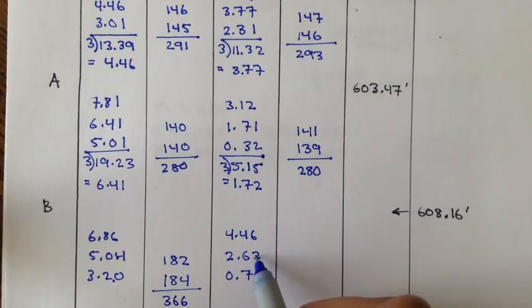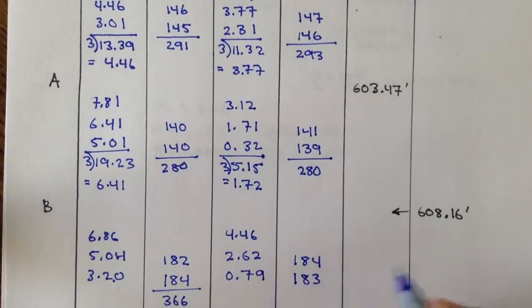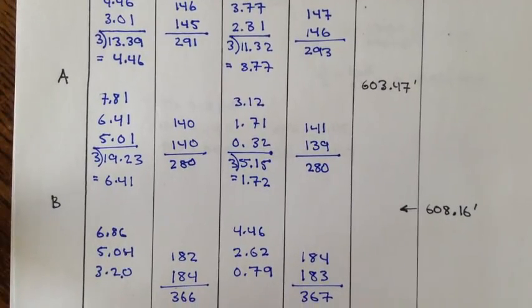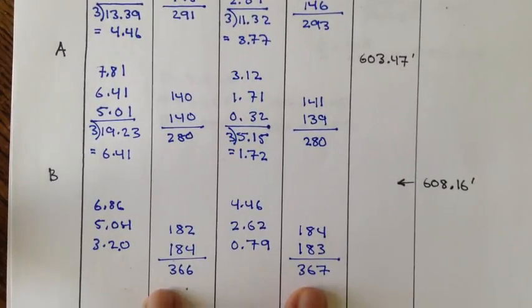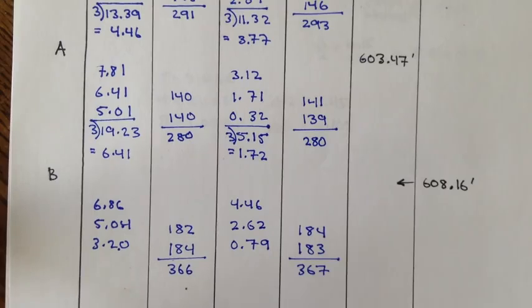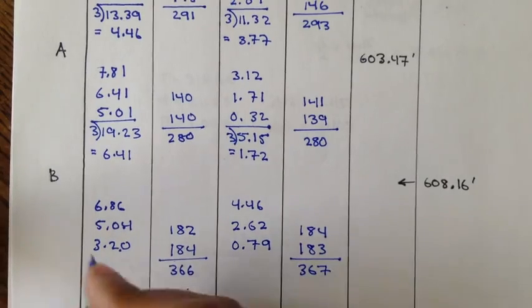Top minus middle times 100, you get 184. And the middle minus the bottom times 100, you get 183. You add these together, it's 367. Okay? So the horizontal distances are roughly the same, and the stadias are checking out to be good.